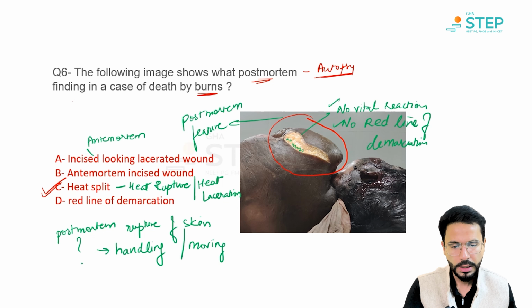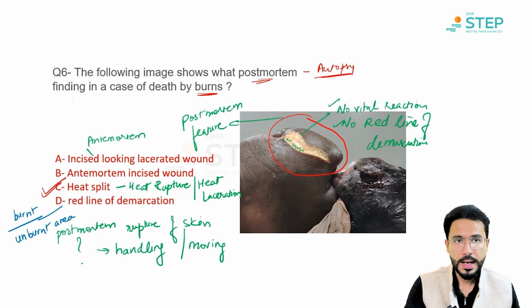It is a line that is demarcating the burnt versus the unburnt area. So it is an antemortem burns finding. There will be a line of hyperemia and paleness, and this will differentiate between the burnt and unburnt areas.